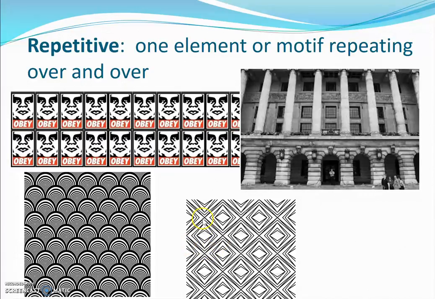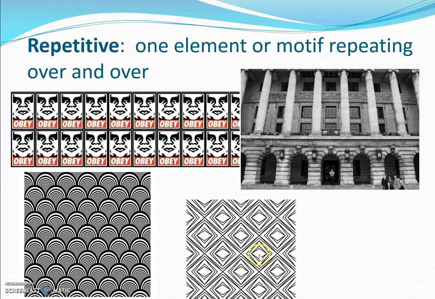Here we have a very regular repetition of this diamond-based pattern. So again, our motif is the diamonds, and this motif, this little segment of it, is repeated over and over and over again.